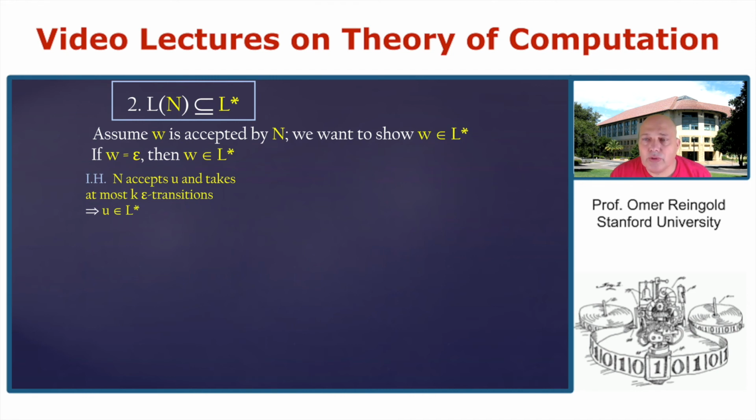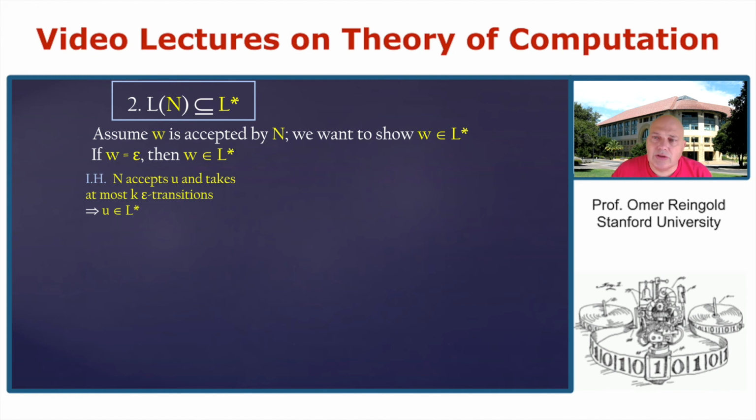We're going to do an induction on k. So the induction hypothesis is that whenever N accepts u with at most k epsilon transitions, then u is in L star.